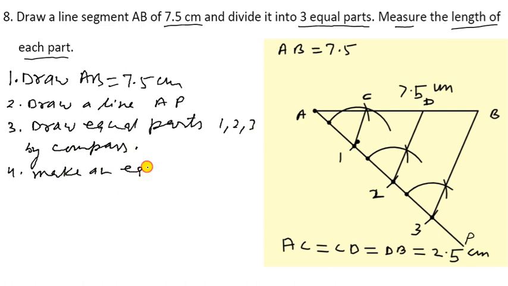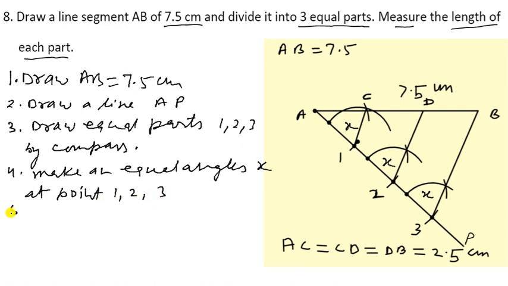And now from here, like this. Now measure all the lines. So this is divided into 3 parts. So you can write here the names of this one. So it is B, C, and it is the C part, and that one is D. Now let us measure the distance.